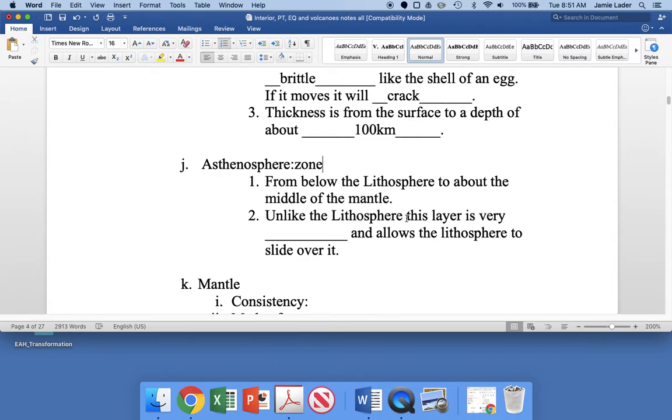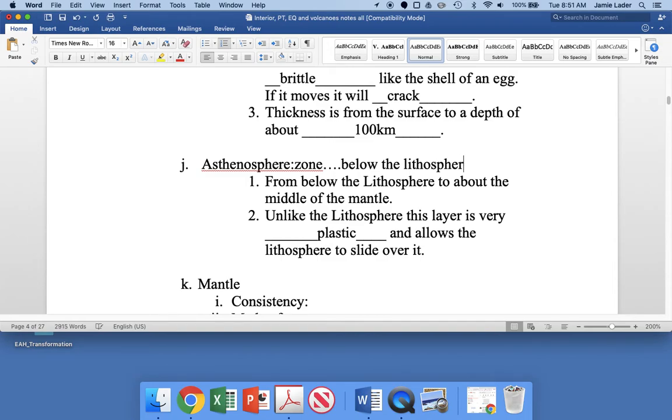Unlike the lithosphere, this layer is very plastic, and it won't crack. It allows the lithosphere to slide over it. So it's just a zone, and we're going to call it a zone, just below the lithosphere. Typically, like I said, it goes from the top of the mantle down to about maybe the top third of the mantle, something like that.